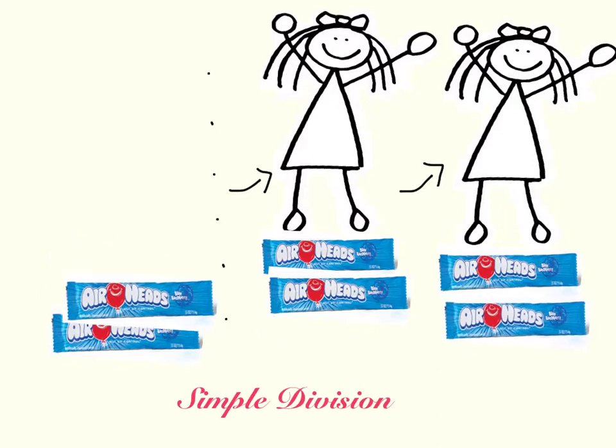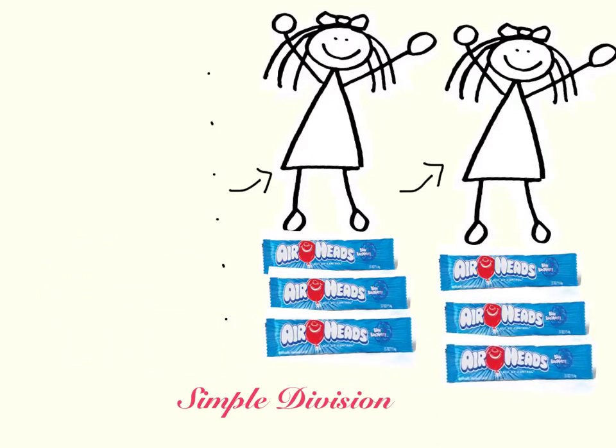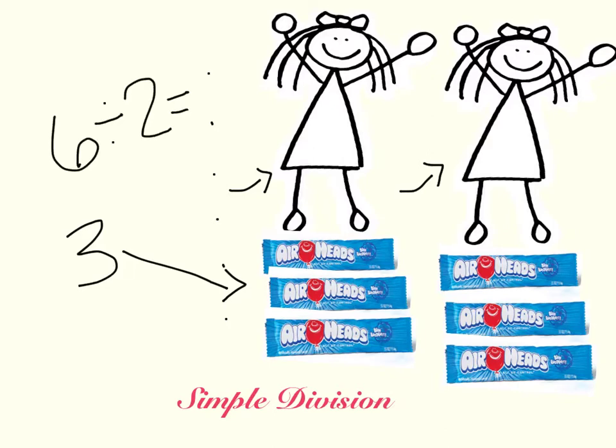Okay, so we take our 6 candy bars, and that leaves everybody gets 3. So that means 6 divided by 2 equals 3. That was simple. And that's what simple division is.